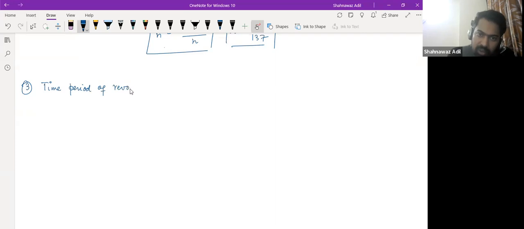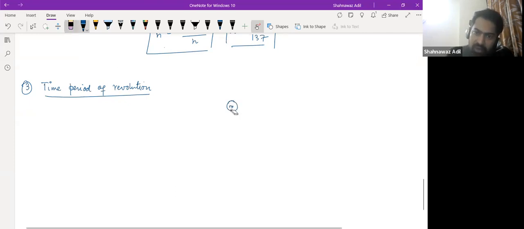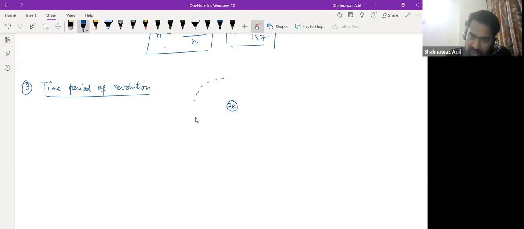of revolution. So we have this nucleus, and we have this electron which is revolving around. This has Rn radius, and this has Vn velocity.